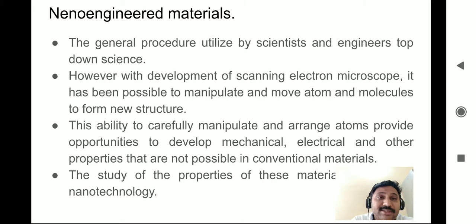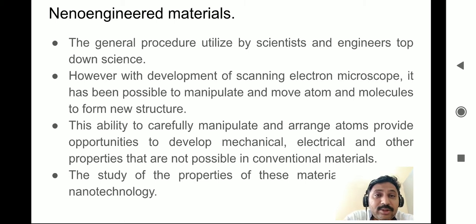That short term you have to remember, SEM, capital SEM. Somewhere it may be asked in the MCQ. So with the help of the scanning electron microscope, it is a new technology to move or manipulate atoms from one structure to another structure to form a new structure. That is possible because of the scanning electron microscope.